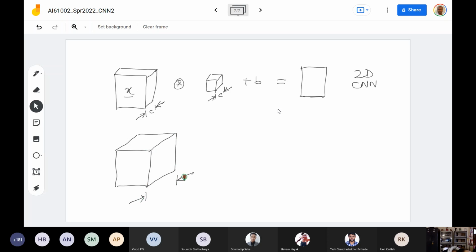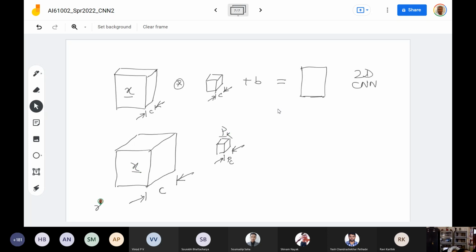Now say that I have C number of channels over here, and in my convolution kernel, I have some PC number of channels. So this is my input, this is my convolution kernel PK.